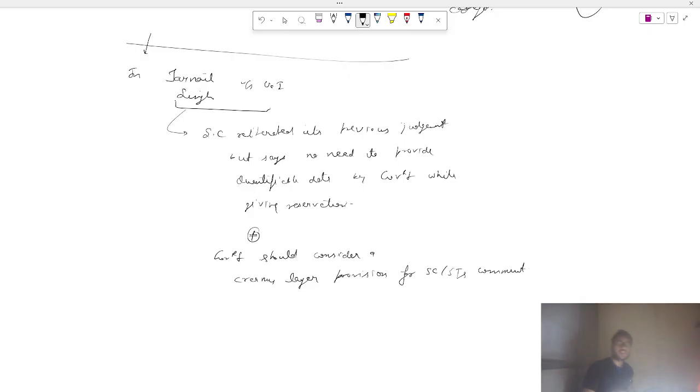So basically, the government should also create a creamy layer provision within the SC and ST communities.